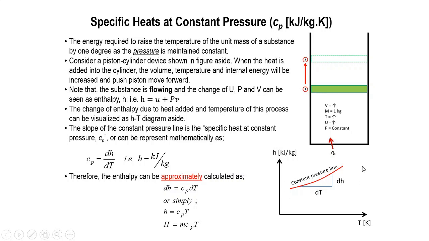So the slope of the constant pressure line can be represented mathematically as Cp equals dh over dT. So therefore the enthalpy can be approximately calculated as dh equals Cp times dT, or simply enthalpy equivalent to Cp times temperature.